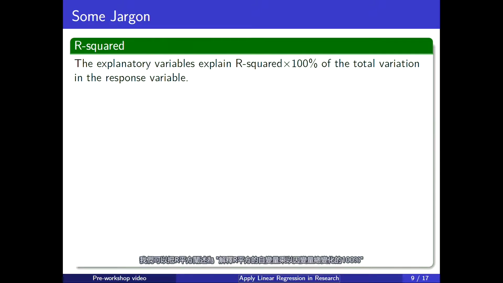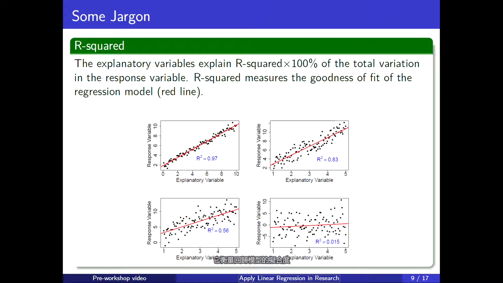We can interpret R-squared as the explanatory variable explaining R-squared times 100% of the total variation of the response variable. R-squared measures the goodness of fit of the regression model. The following graphs can briefly show the association between R-squared and the goodness of fit of the model.